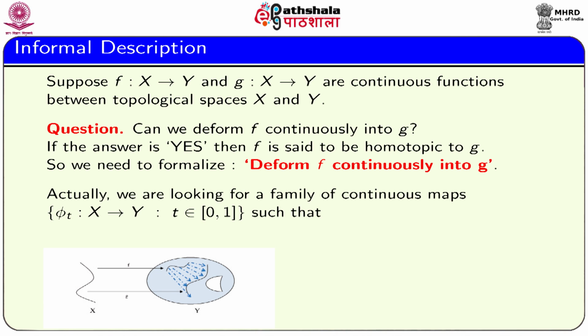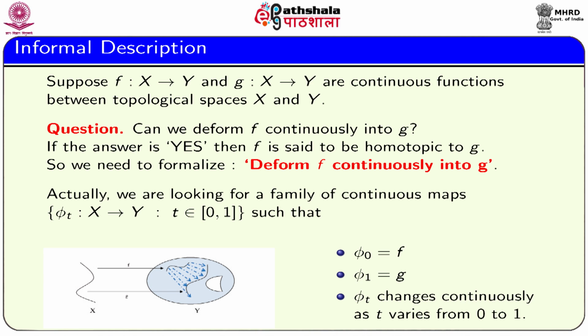For that, actually, we are looking for a family of continuous functions phi t from X to Y, where t is varying continuously in the interval [0, 1], such that the initial position of phi, that is phi 0, should be f, the final position of phi, that is phi 1, is g, and the process is that phi t should change continuously as t varies from 0 to 1.